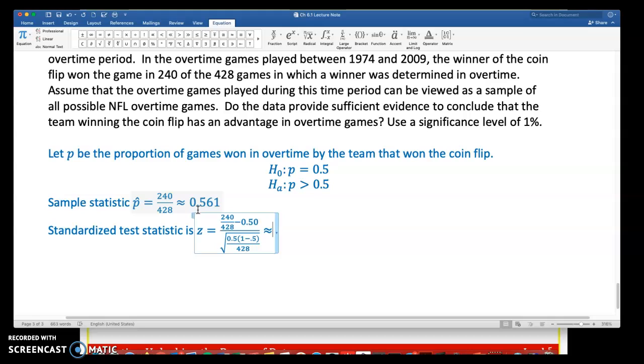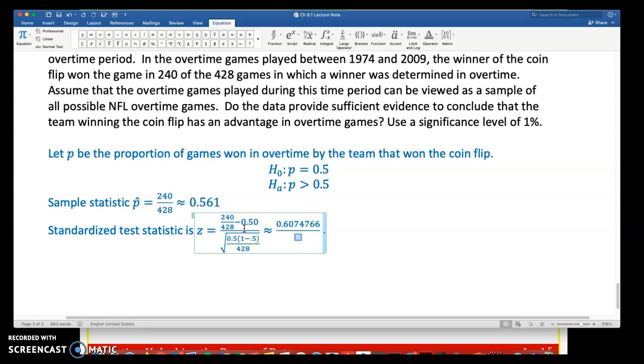All right, so I'm going to throw this in my calculator, and what I'm going to do is keep as many decimals as possible. It's a graphing calculator, online calculator. I'm going to keep that 240 over 428 minus 0.5. And here I get in this top 0.6074766. It keeps going.